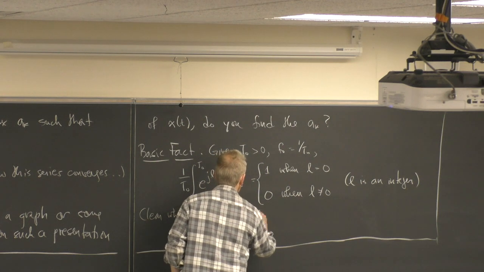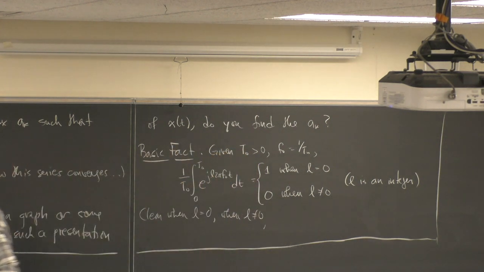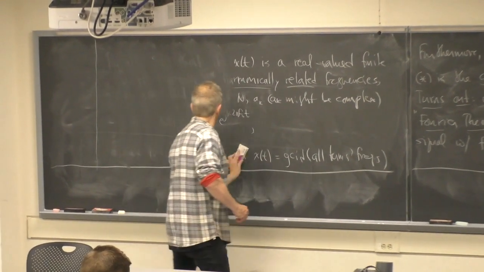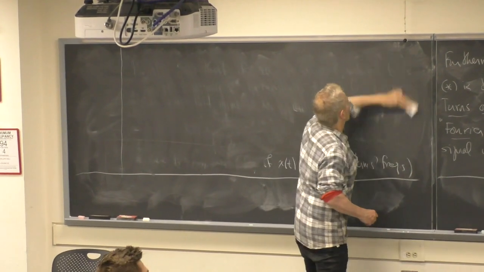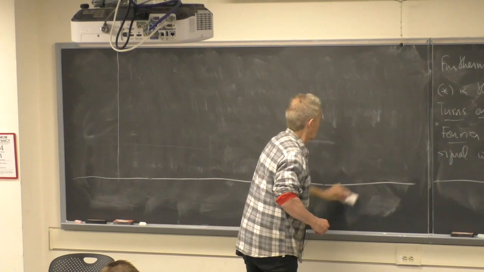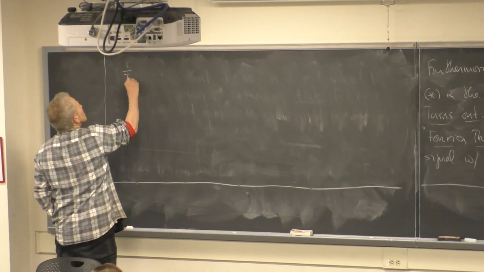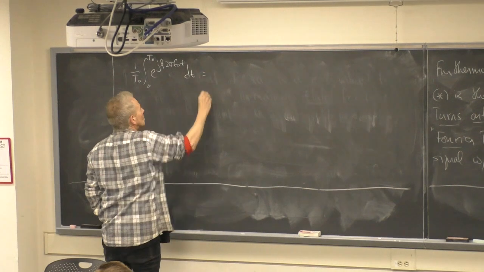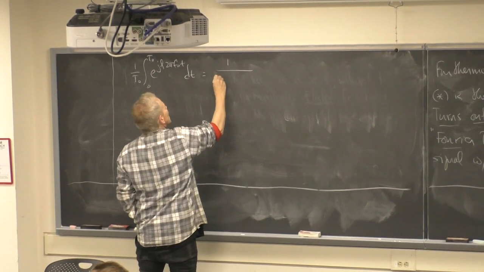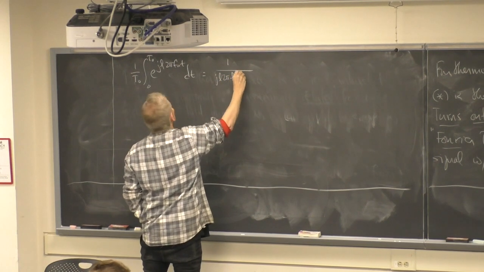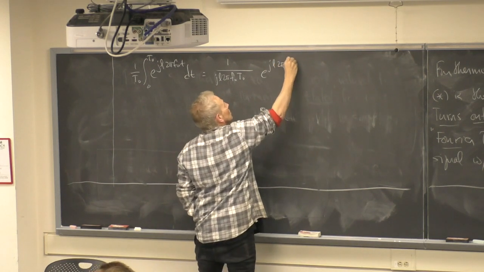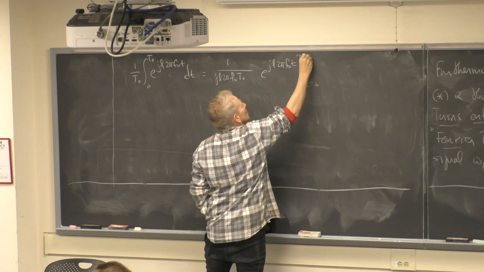When L is not equal to 0, when we integrate the thing out, we get 1 over t0, integral from 0 to t0, e to the j L 2 pi f0 t dt, equals 1 over j L 2 pi f0 t0 times e to the j L 2 pi f0 t evaluated between t equals 0 and t equals t0.